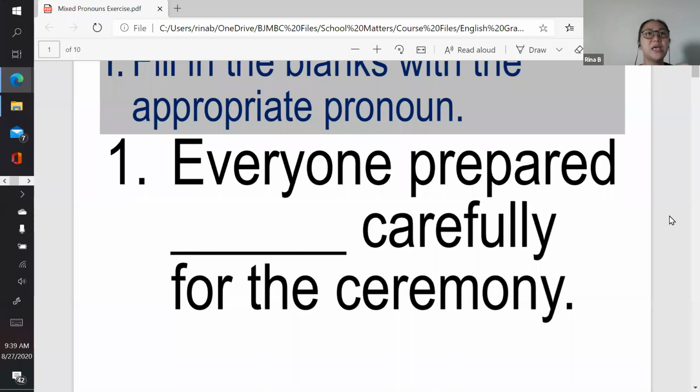It can even be, what do we call, reciprocal pronoun, or it can be an indefinite pronoun. So in some of the sentences that we will be seeing, there may be even several possible answers. Okay, so number one, I'll call your names and then maybe in 5 seconds, try to give us an answer. So Danielle, number one.